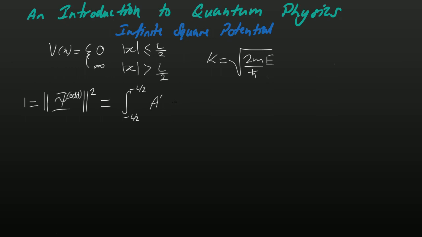A prime, and it's cosine for all odd n pi x on L. Remembering taking the complex conjugates here, A prime cosine n pi x on L again as dx.